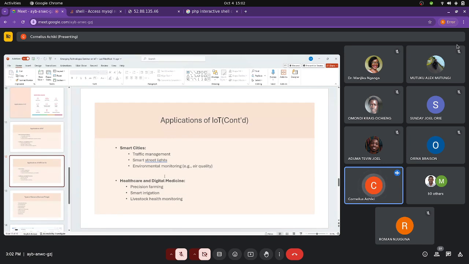You get a text on your mobile phone telling you that you need to go and collect this part from this particular garage. You had no idea that that component was failing, but you get a text telling you that this part was failing and we have sent you another replacement. So just go and pick it. So you can see how that makes life easier.